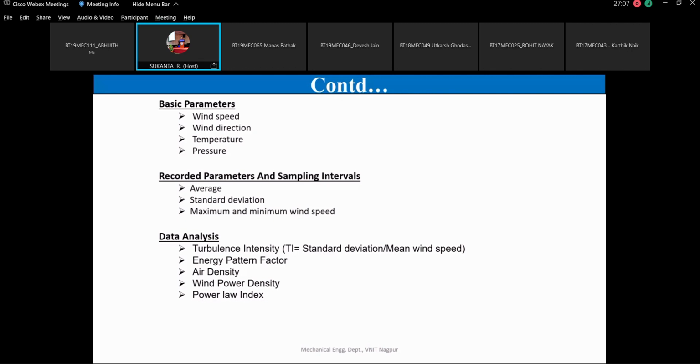And that is the turbulent intensity. So if you draw some graph, it is the height and it is the wind speed in meters per second.